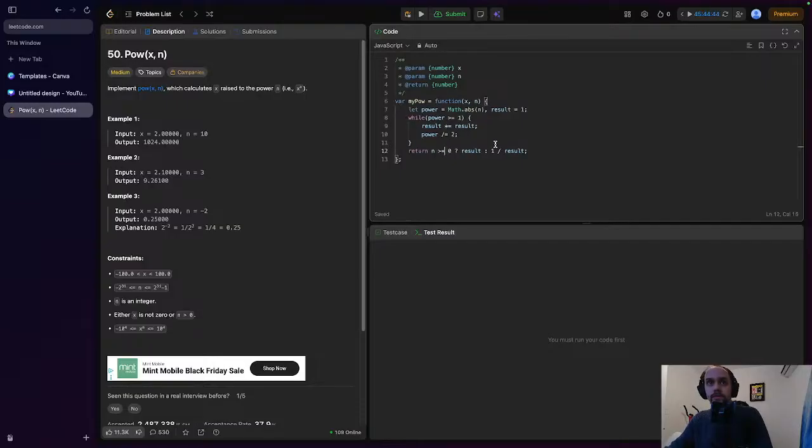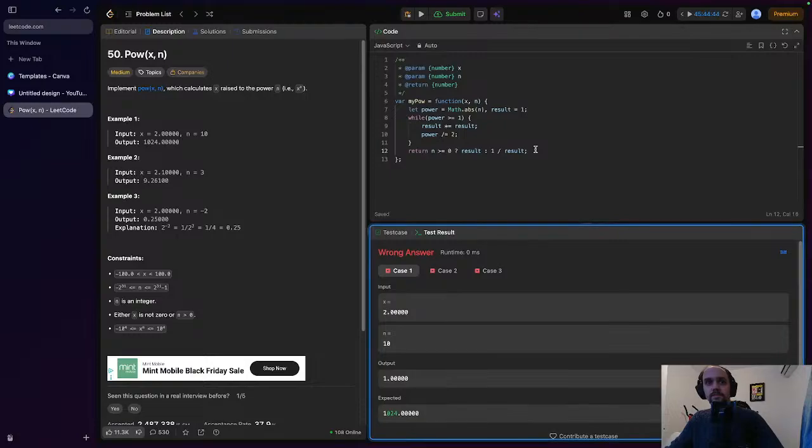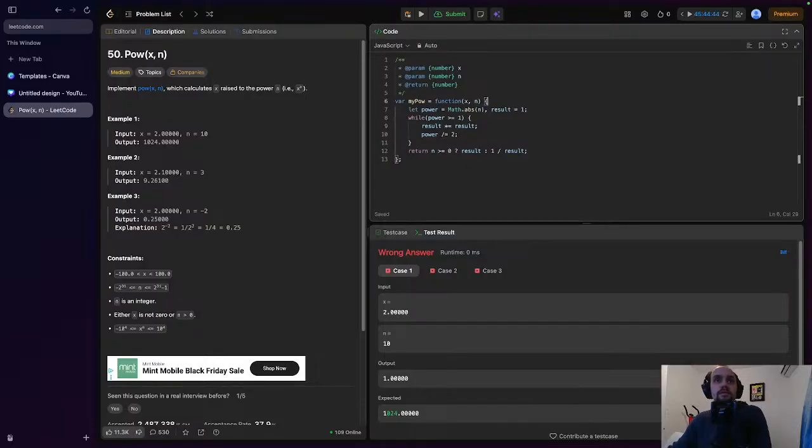Greater than or equal to 0 will return result, otherwise return 1 divided by result. We don't want to accidentally divide by 0. I think. See how this does. So we output 1, x is 2. So let's think about this. X is 2, n is 10.